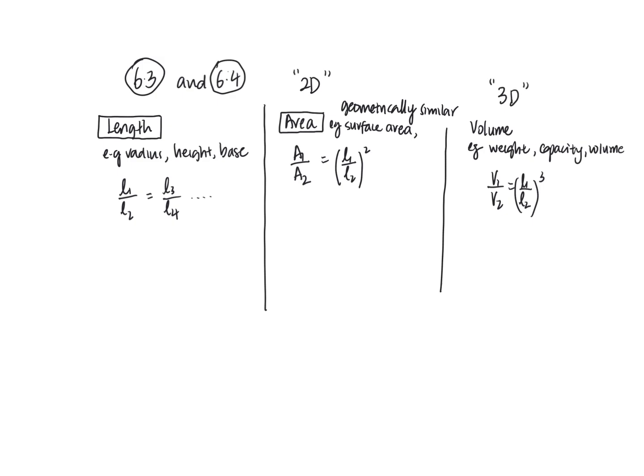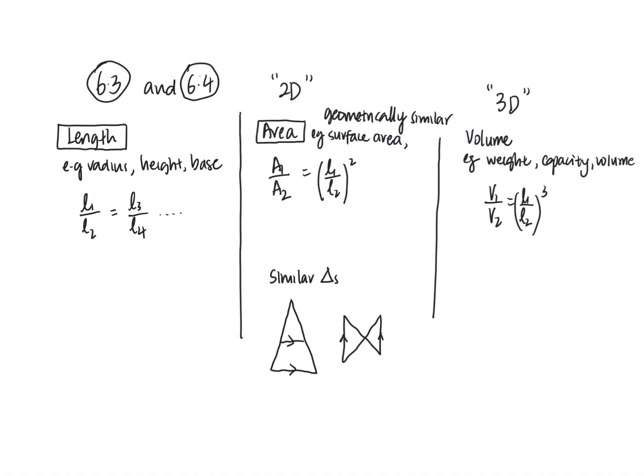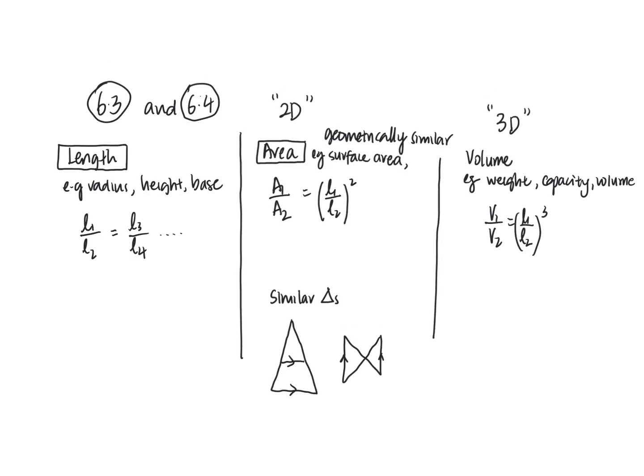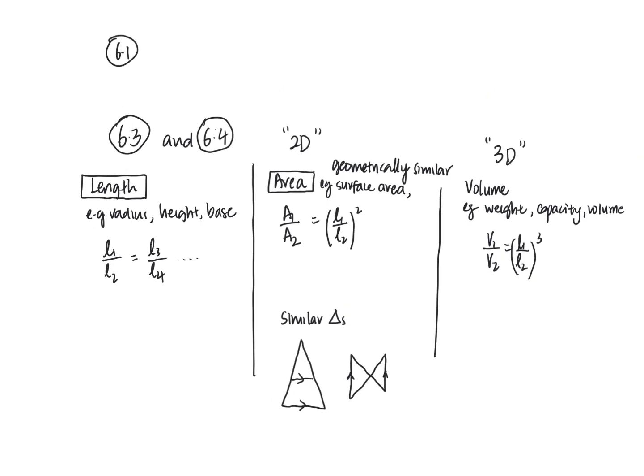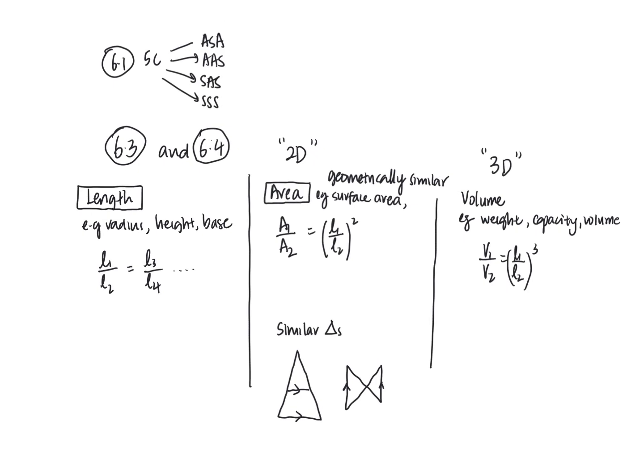So I told you all about how similar triangles will always be either a pair of stacked triangles with a pair of parallel lines or in the form of a ribbon. So this is everything. In 6.1, we have your 5 congruency tests: ASA, AAS, SAS, SSS, and RHS.